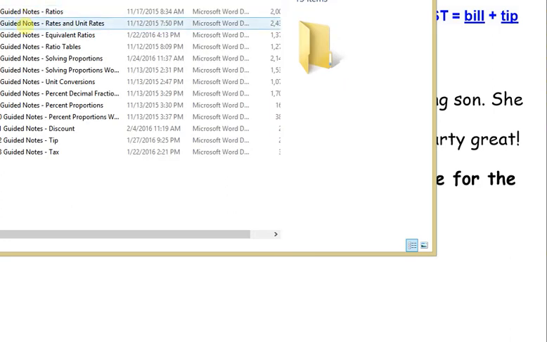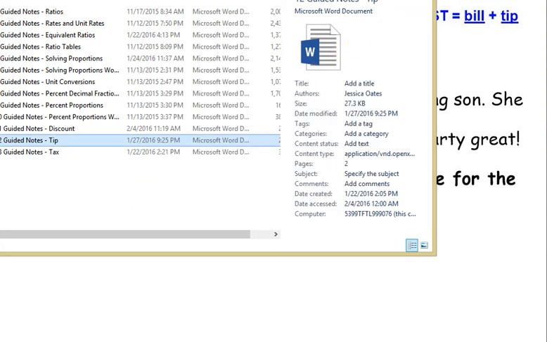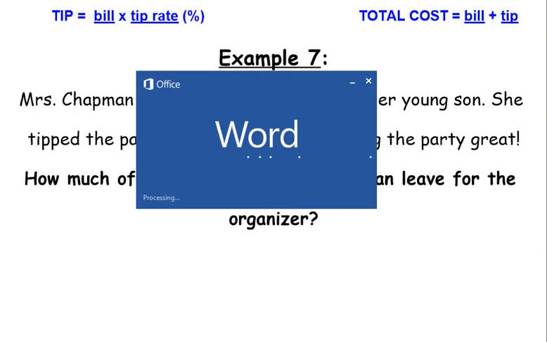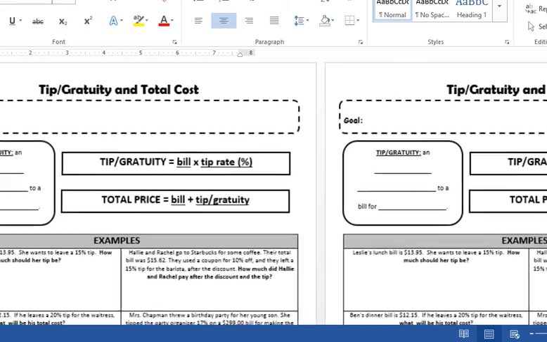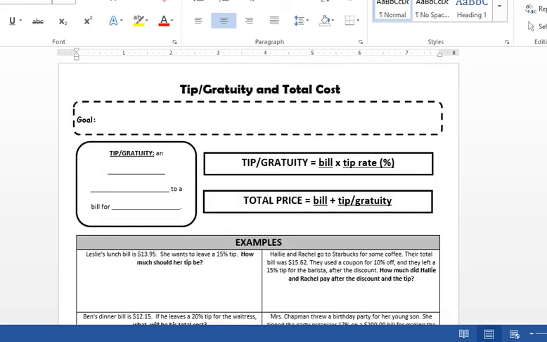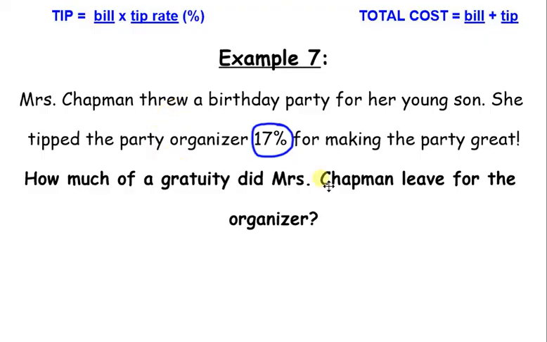Let's see what your guided notes say. All right, so in your guided notes, it says that it was $2.99. Okay. So I forgot to add that to the slide here.